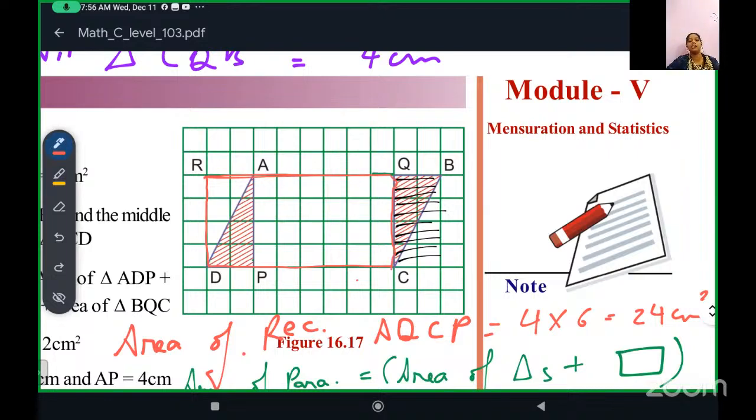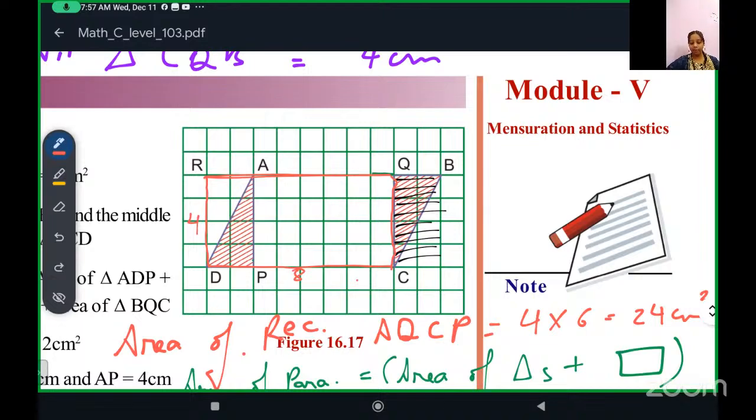Can you see a rectangle now? So that's now a rectangle. This is 8 again, and this is how much? 4.